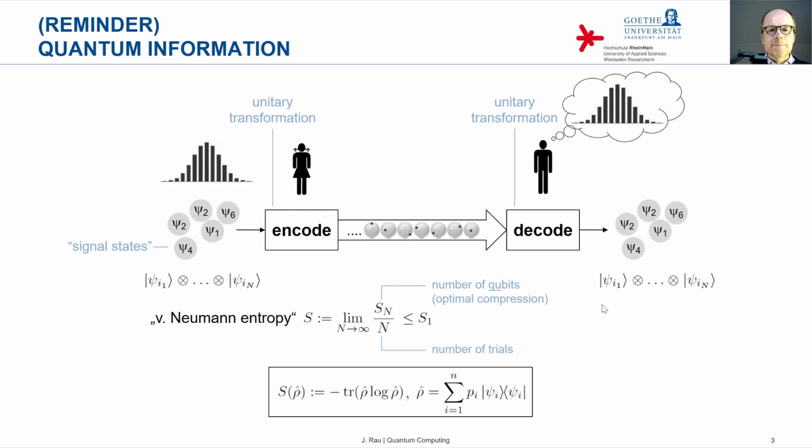It depends on the mixed state that you obtain when you mix all the signal states with the respective probability weights. Then you get a mixed state described by a statistical operator rho, and associated with that rho is the von Neumann entropy in this form: minus trace of rho log rho.